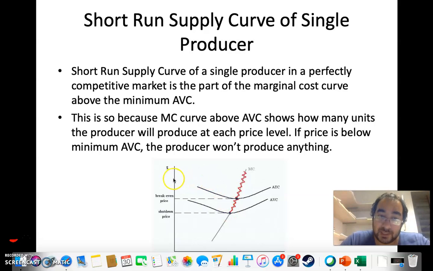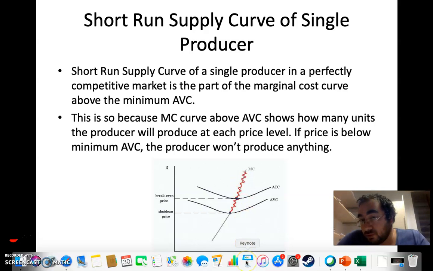So at any price, when you look to the quantity, you basically find the point of MC that intersects with that price, the line that comes from this price level, and find the quantity represented by the intersection.